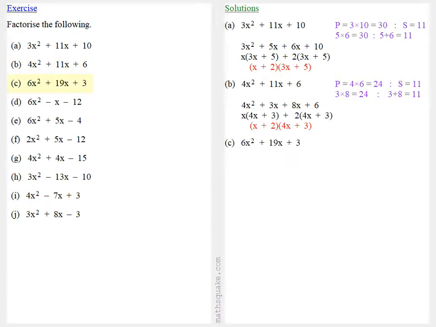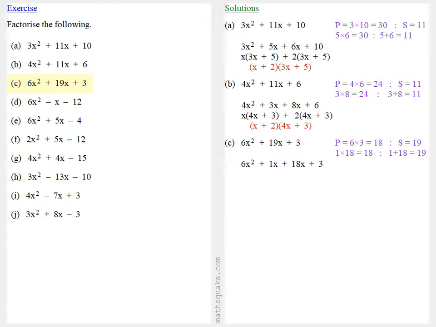In part C, we're asked to factorise 6x squared plus 19x plus 3. Now, P is 6 times 3, which is 18, and S is the middle term, 19. So we want two numbers that multiply to make 18 and add to make 19. Well, that's 1 and 18.